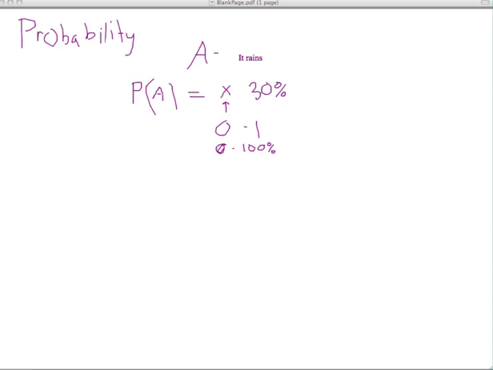The probability of not A is just whatever is left, right? So if there's a 30% chance that it rains, then whatever is left is the chance that it doesn't rain. So that is 70%.